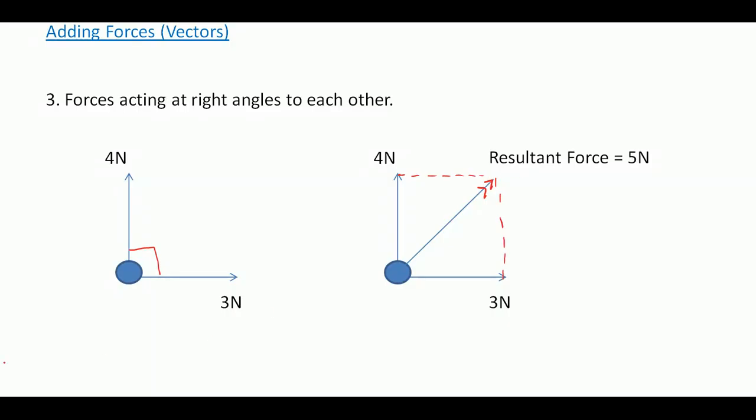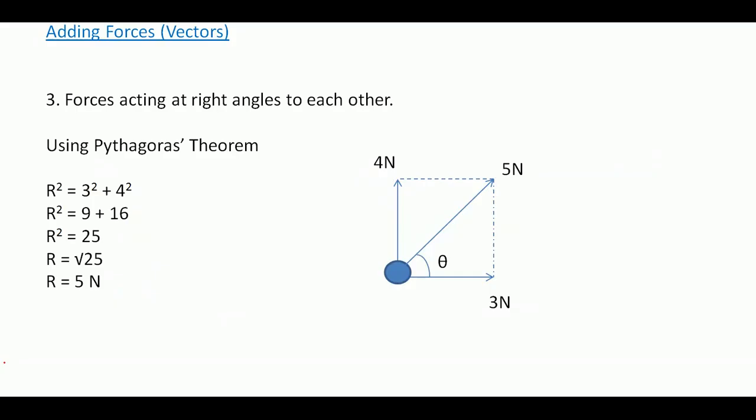So let's look at a simple calculation now. We have 4 Newtons and we have 3 Newtons, and we want to find the resultant force, right? Let's show how we got 5 Newtons. If this length here is 4, then this is 4. So we have a right angle triangle here, and the length of this side is 4 and the length of this side is 3.